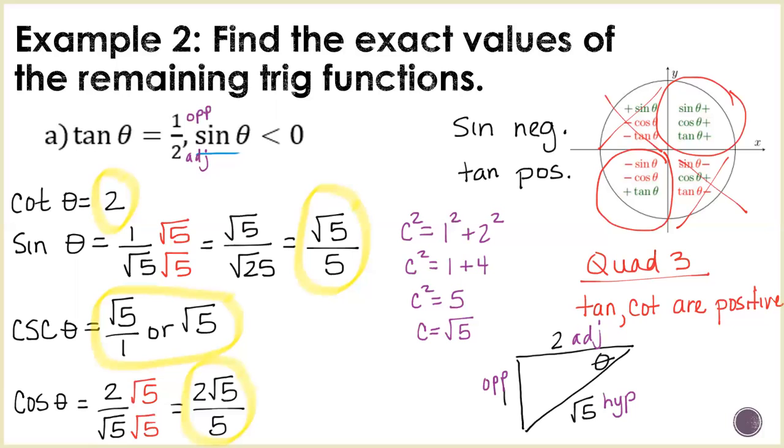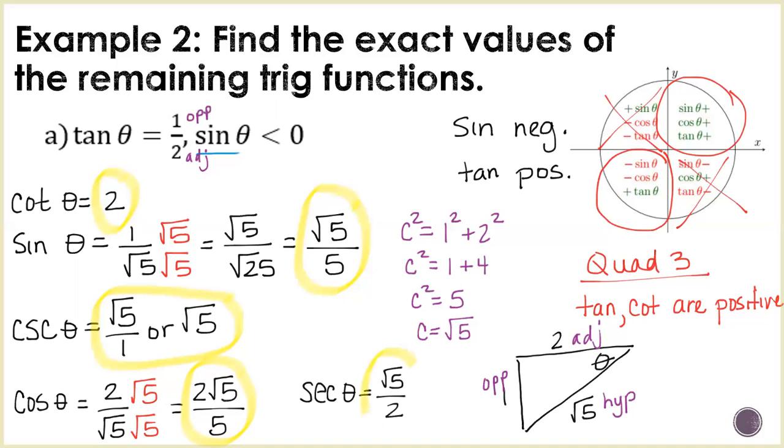And then the fifth one is the secant. And the secant is equal to the hypotenuse over adjacent. Now I usually write them all out and then I go back in and put my negatives, okay?